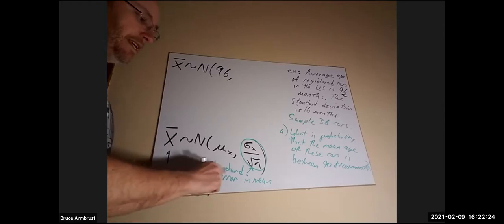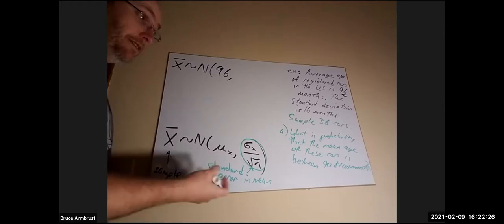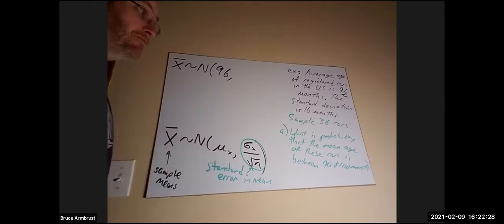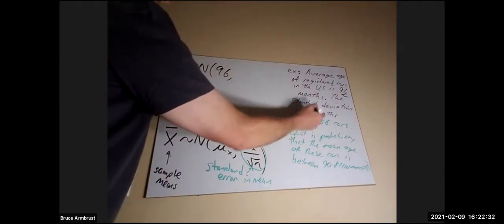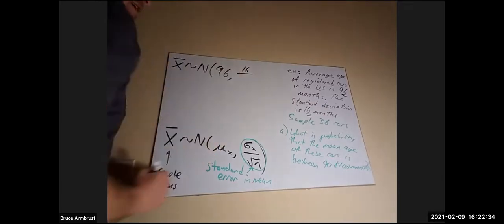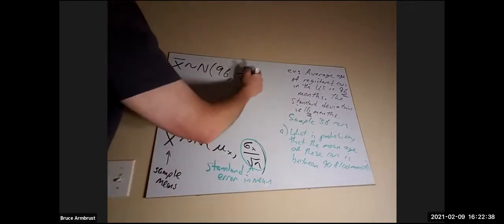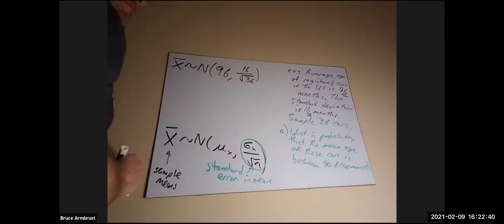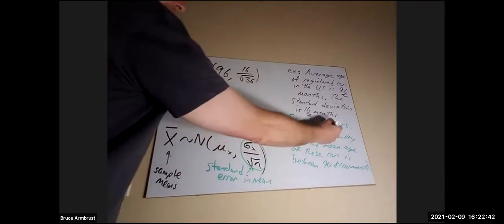But then we need the standard error, this new standard deviation. So we're going to take the original standard deviation, which was 16, and divide it by the square root of the number in our sample. Our sample is 36 cars.